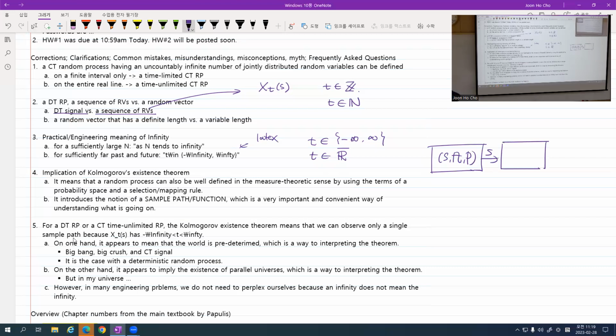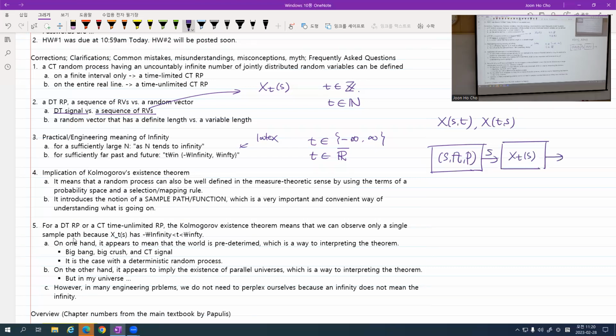Even though our textbook prefers some notation like this or like that, depending on the preference of T coming first or S coming first, actually many people, when they talk about a discrete time random process and a continuous time random process at the same time, especially in a measure theoretic sense, love this notation.